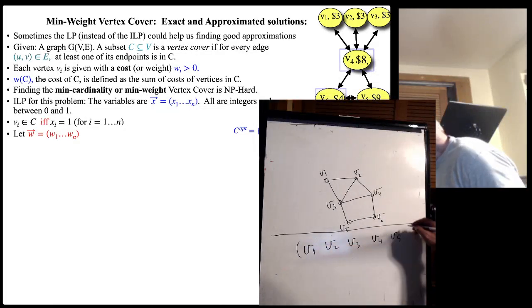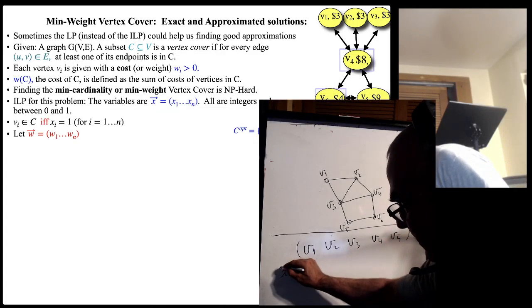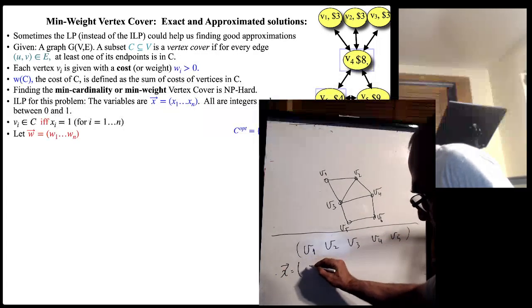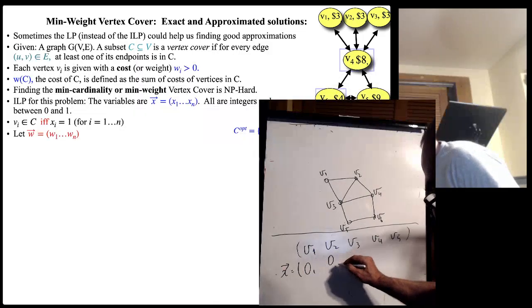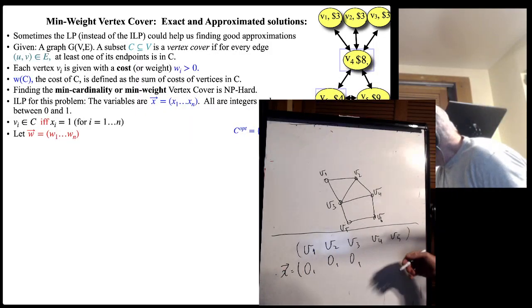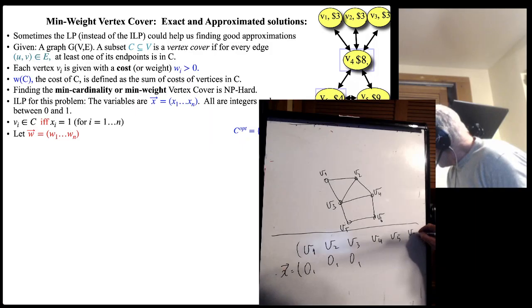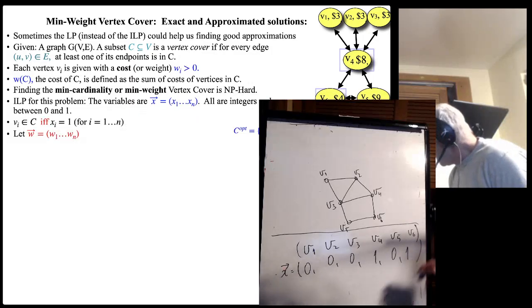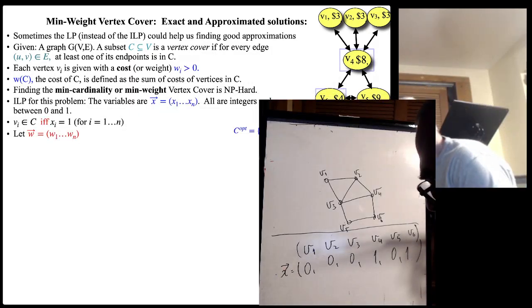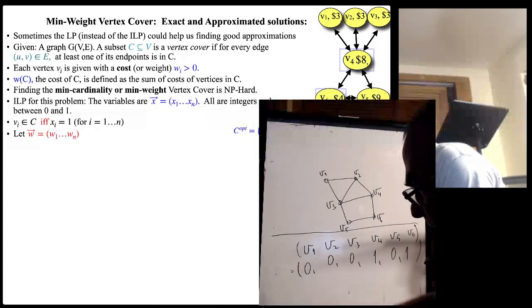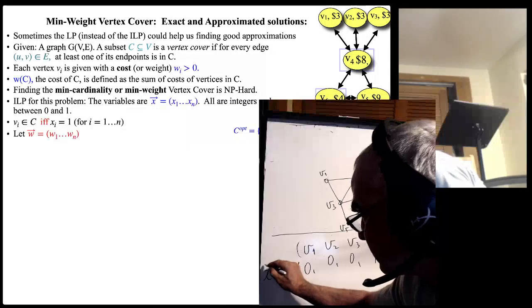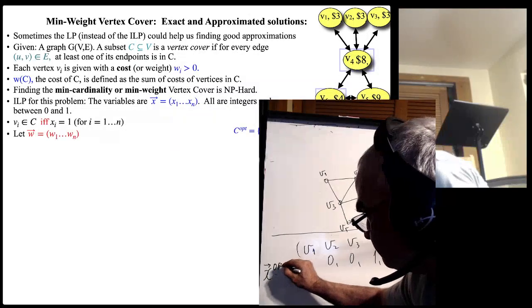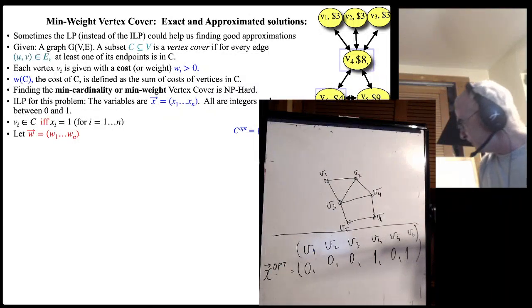If these are my set of variables, then x for the optimum cover would be 0, 0, 0, v5 and v6, then 0, 1, 0, and 1, and this will actually be what will appear in a second as x vector opt, the optimum cover in this case.